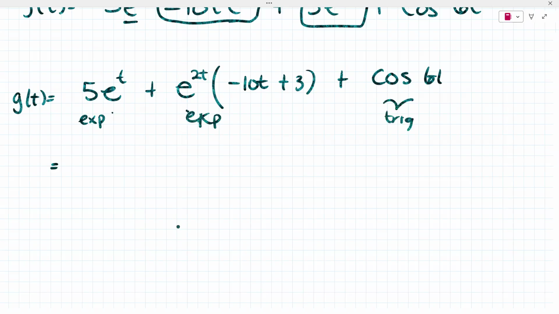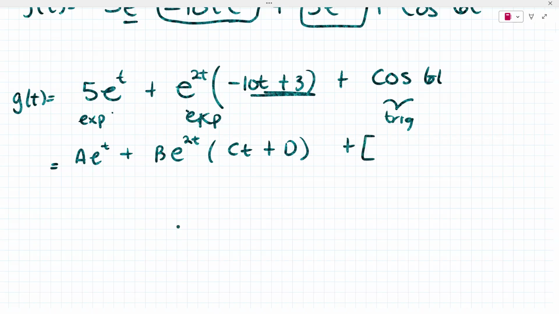So it's going to be expressed as a e to the t plus b e to the 2t, and then this is kind of like a polynomial, so it's going to be c t plus d. And then we have a cosine of 6t, so that means we need a sine and a cosine, so it's going to be plus e sine of 6t plus f cosine of 6t.